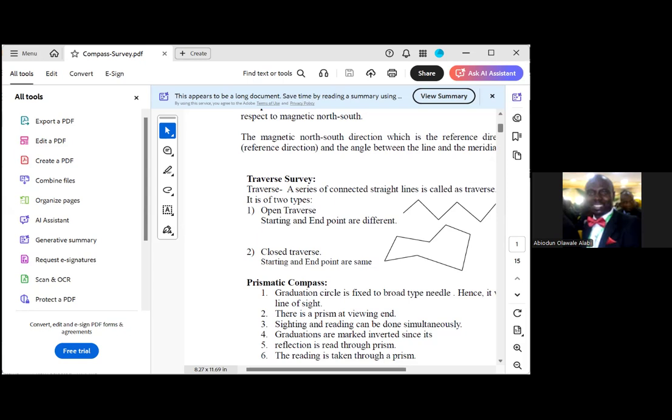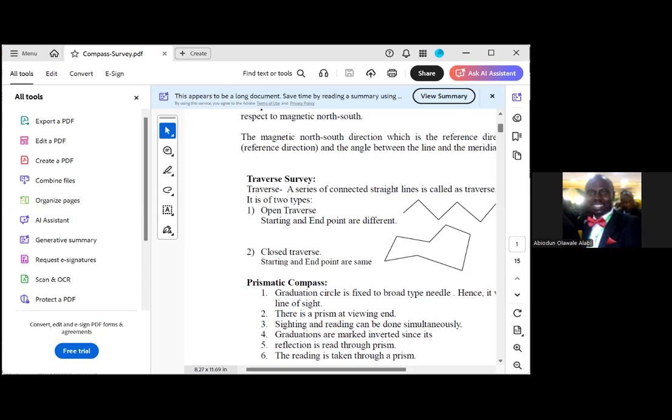Now let me ask this question. We have 3 operations in chain surveying that are run simultaneously. We do those 3 things together. Let's list those 3 operations. Chaining, ranging, and offsetting.